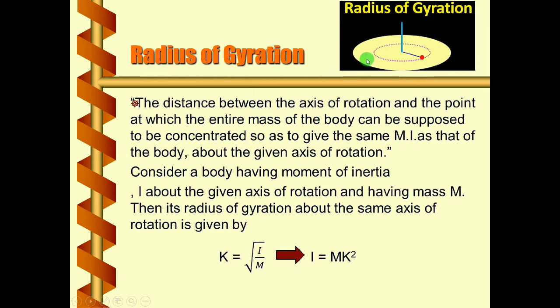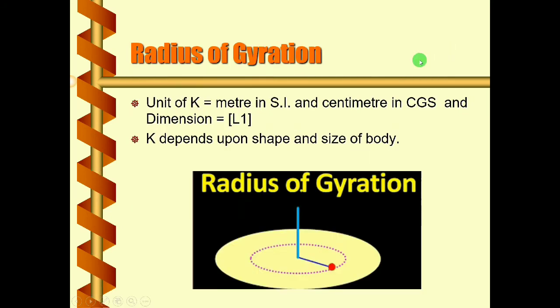What is this definition about? If you are not getting it, suppose I consider a uniform disc. This disc has mass capital M, radius capital R, and moment of inertia, suppose, capital I. What next? Suppose I replace this disc by a point mass. What do I mean by point mass? That mass will be a very small particle.